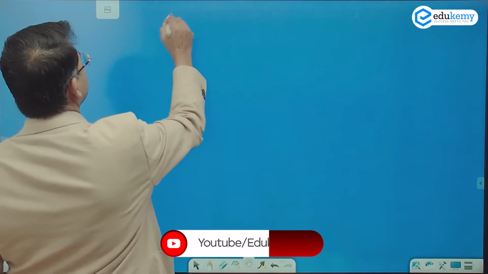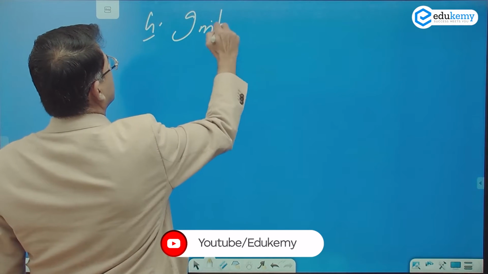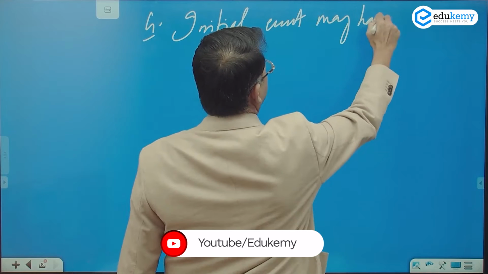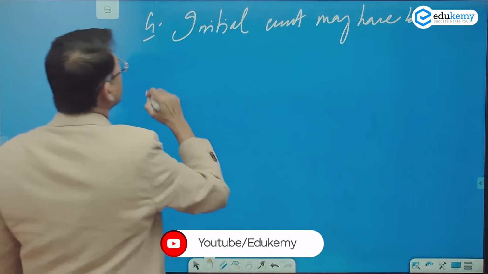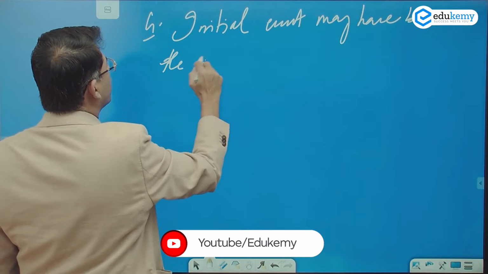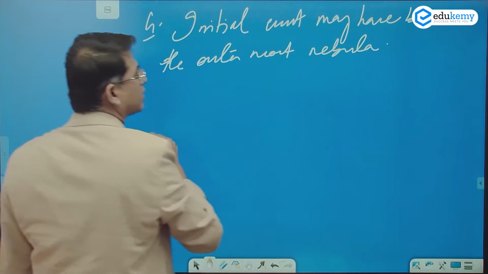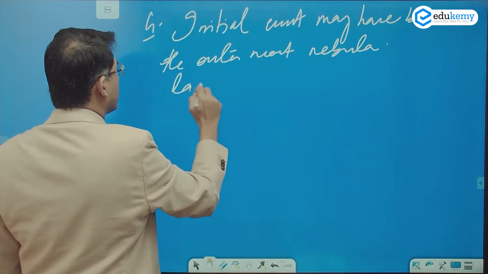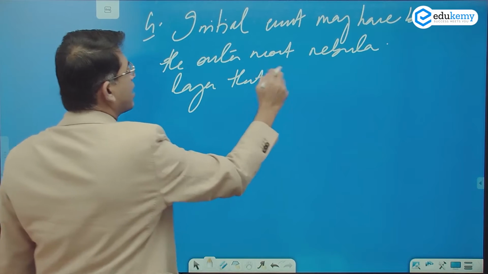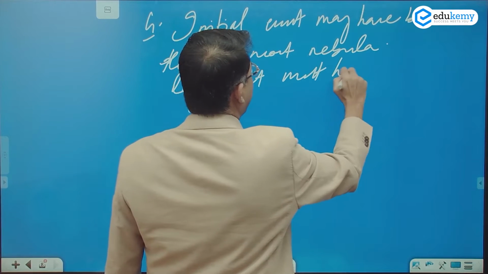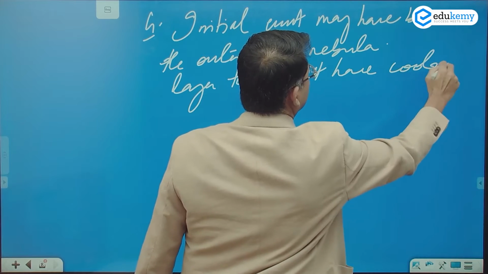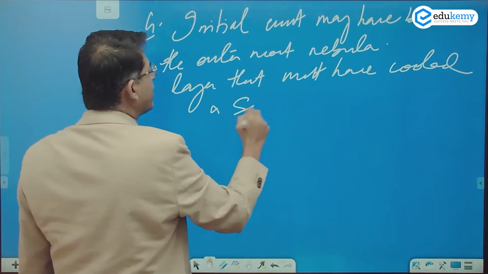So the next point is that the initial crust may have been the outermost nebula layer that must have cooled and solidified.